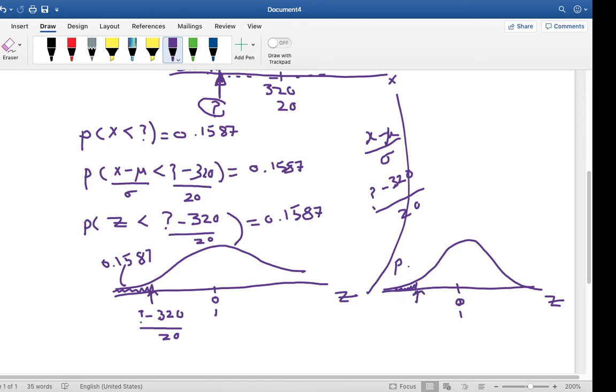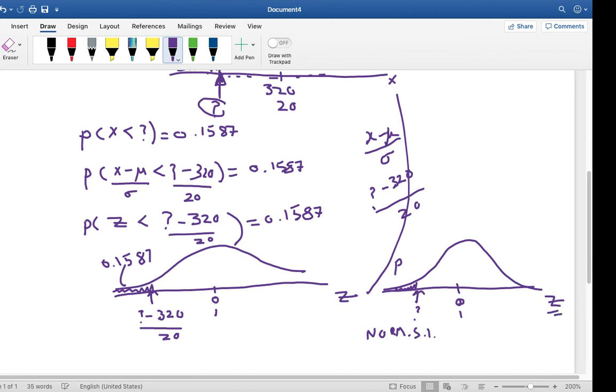So we're doing it in reverse. We've got the percentage up here, and we're going to find this value here. And in this case, Excel says that the function that's going to work out this question mark here is going to be norm.s.inv. It's going to be dot s because I'm dealing with the standard normal.